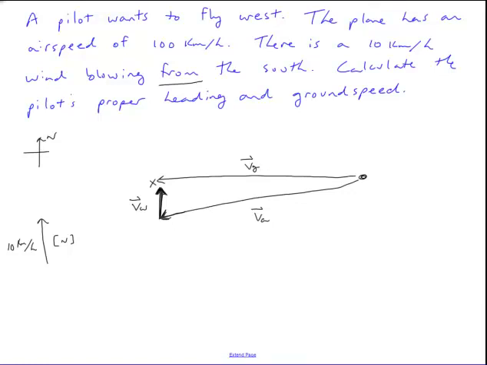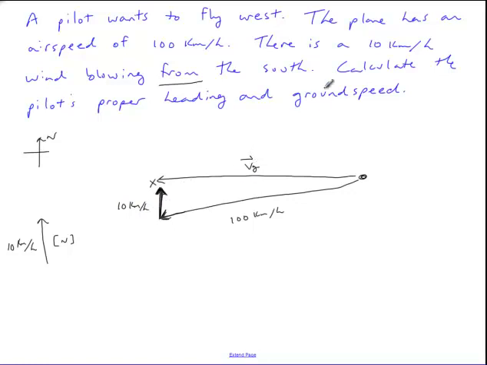Let's relabel these with the actual values so that we can use them to answer this problem. VA, we're given 100 kilometers an hour. VW, we're given, is 10 kilometers per hour.